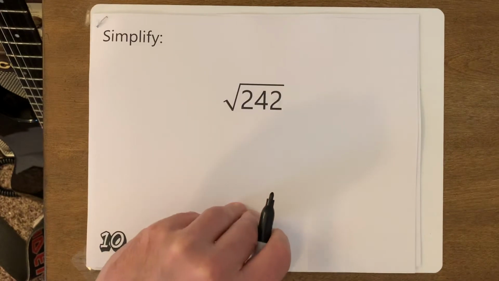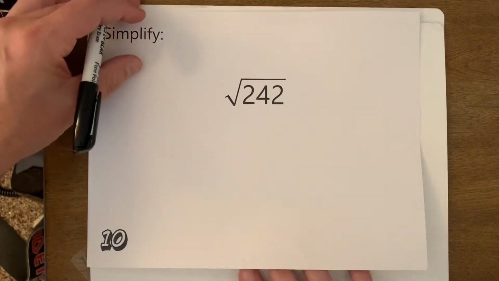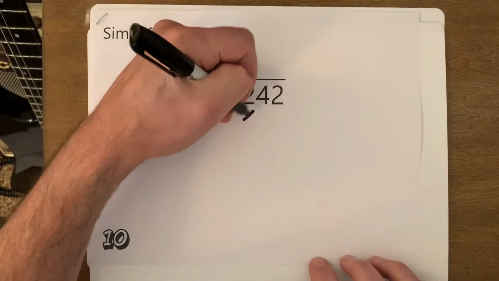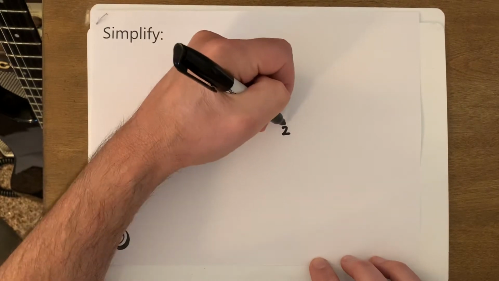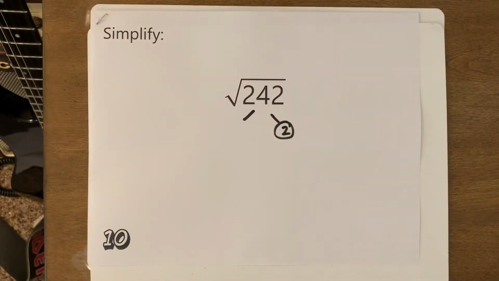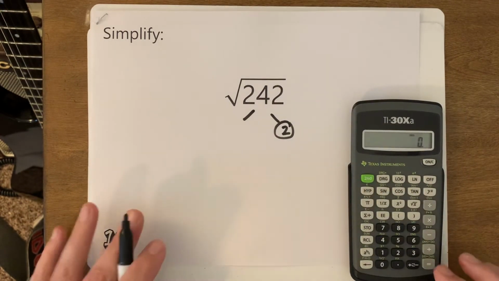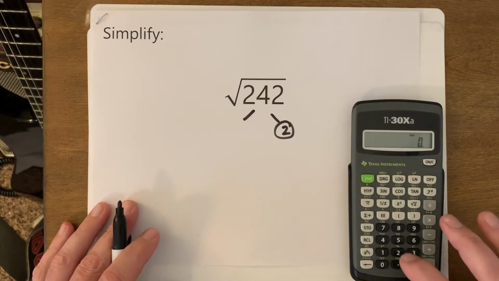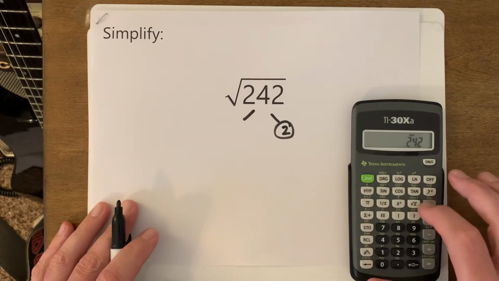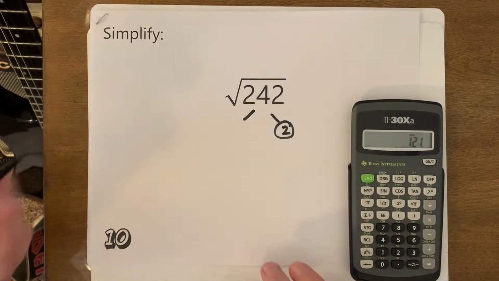242. Okay, so 242. Sooner or later, these numbers are going to get kind of odd, kind of weird. They're going to be big, and we're just going to have to divide them and see what happens. There's nothing wrong with using a calculator. 242 divided by 2 equals 121.